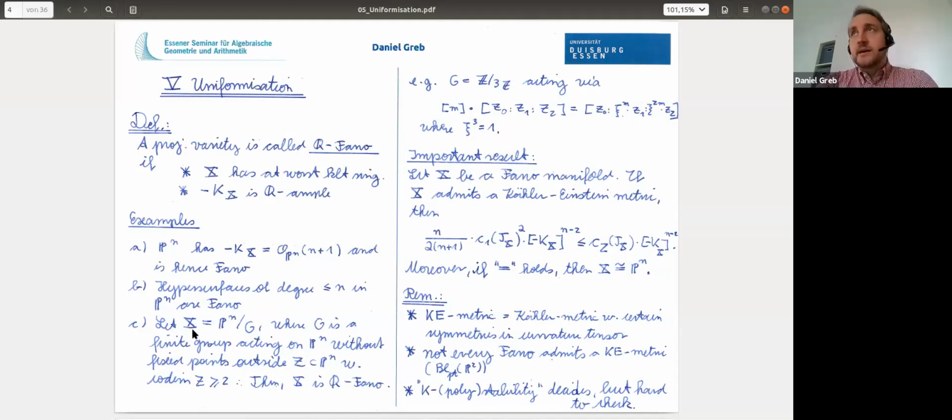And now, there has been tremendous success in understanding the algebro-geometric conditions that are equivalent to existence of a Kähler-Einstein metric. This is the theory of K-stability or K-polystability, which decides the existence, but this is extremely hard to check. Very recently, people have made some progress, but still, it's very hard to check for individual examples whether K-polystability is fulfilled.